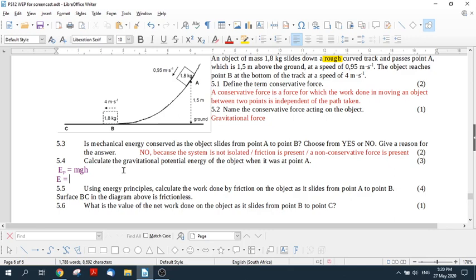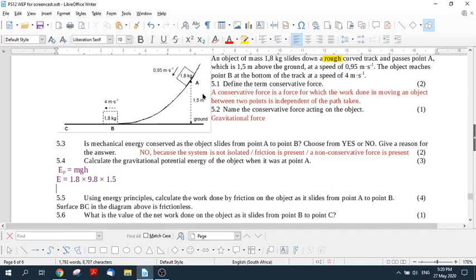It will be the mass, 1.8, times the acceleration due to gravity, which is 9.8, times the height above the ground, which is very handily given to you here as 1.5 meters. So this amount of potential energy is something like 26,46 joules, if you put that all in your calculator. Remember, energy is calculated in joules, no unit, no mark.